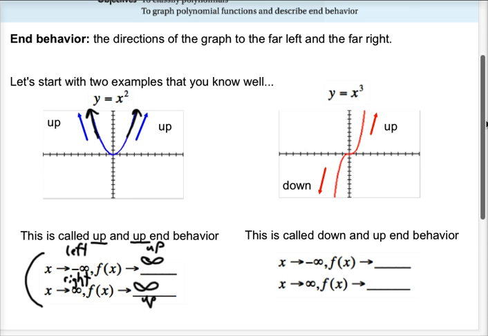Now let's take a look at x cubed. So x cubed is a little bit different. To the left, notice what's happening to the left. Our function is actually heading down forever. All right, so this time when x is going to the left, what's the function doing? Well, the function is actually going downward.